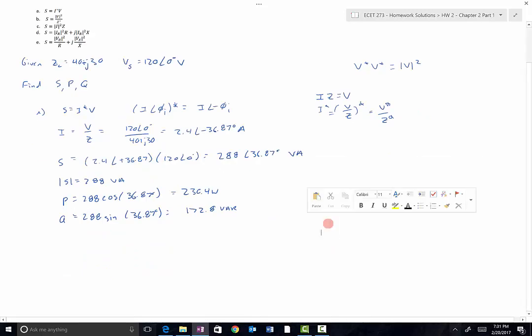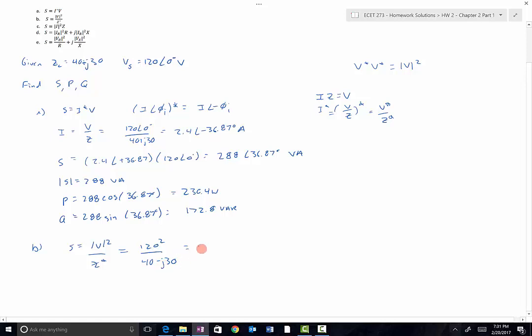So for B, we've got S is equal to the magnitude of V squared over the complex conjugate of the impedance. So that's just going to be 120 squared. The impedance was given to us in rectangular form. An easy way to take the complex conjugate of it is just going to be 40 minus j30. So that's Z star there.